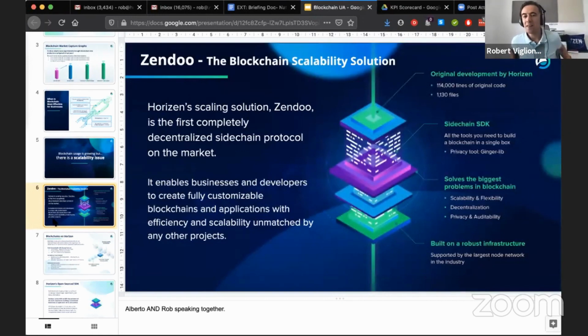And here's what I mean by that. We've just released a protocol called Zendoo. Zendoo is our version of a scalability protocol. It's basically a communication protocol between blockchains.